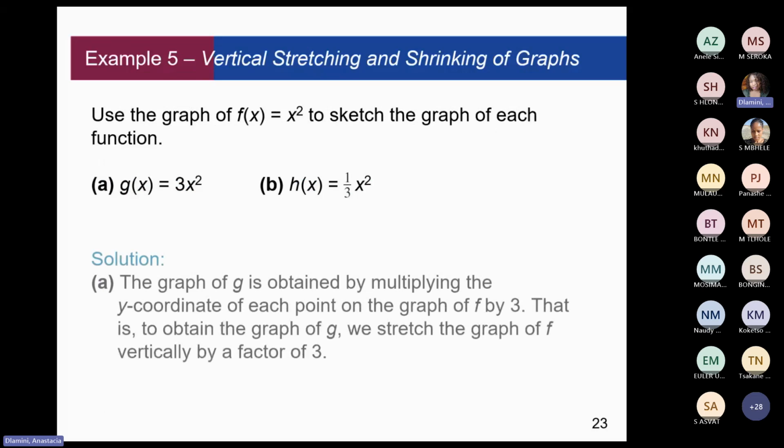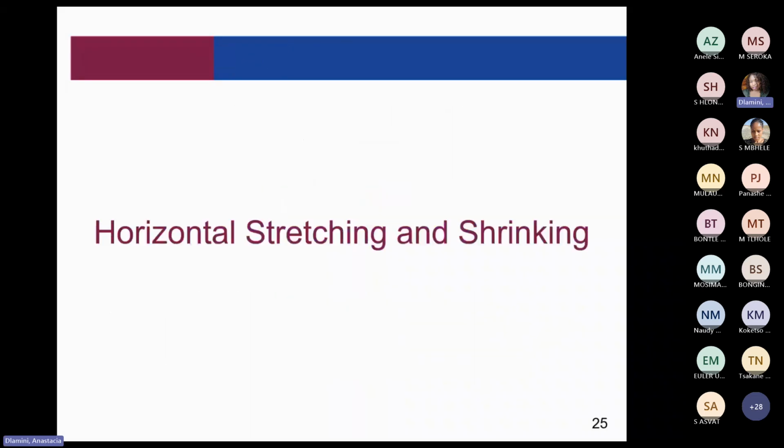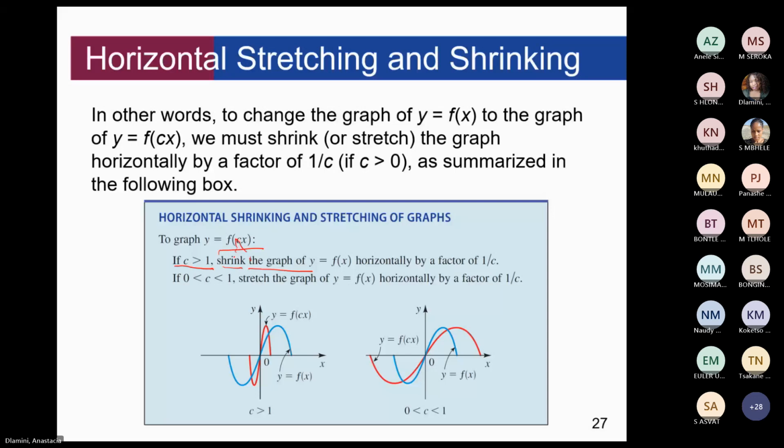Go back here. Horizontally, we are saying that if c is greater than 1, then we are shrinking the graph horizontally by a factor of 1 over c. Are we together, guys?